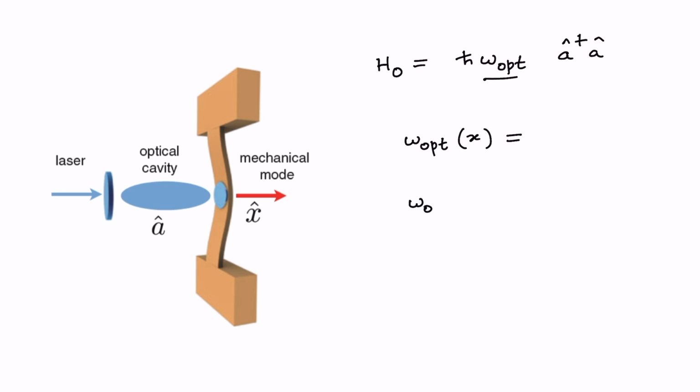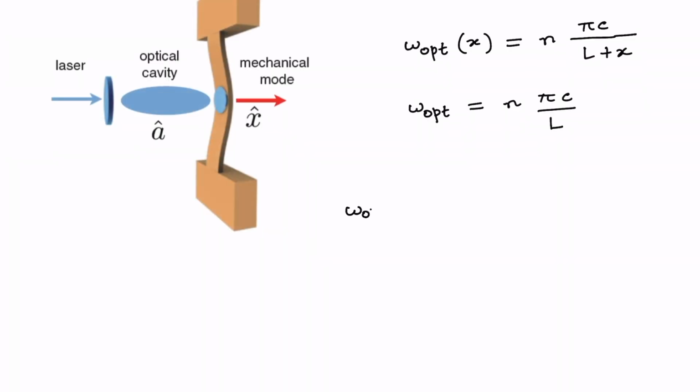for that we have omega optical, as I have told you about the Fabry-Perot cavity, that only those frequencies can enter into the cavity which satisfy this particular condition. It should be an integral multiple of pi c by the length of the cavity, pi c by L. And now because this movable mirror can get displaced by small amounts, say x, I can write it as n pi c by L plus x.